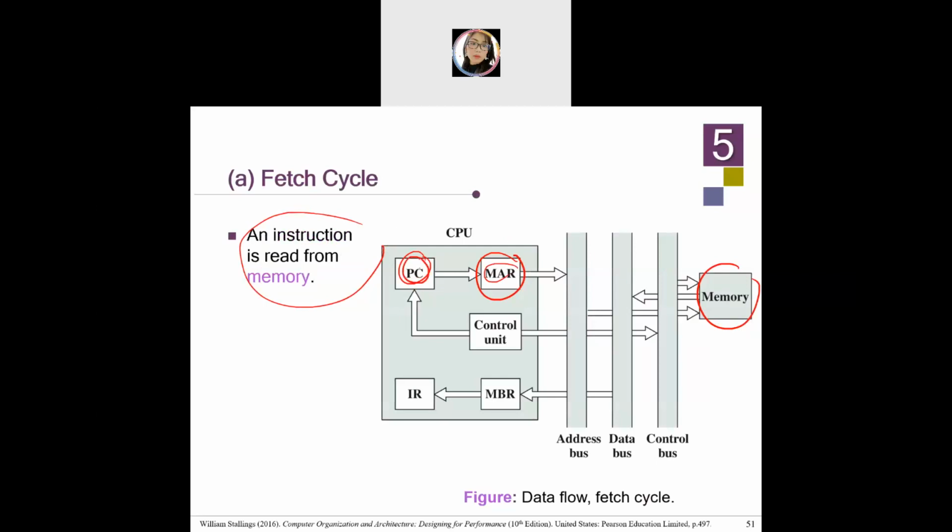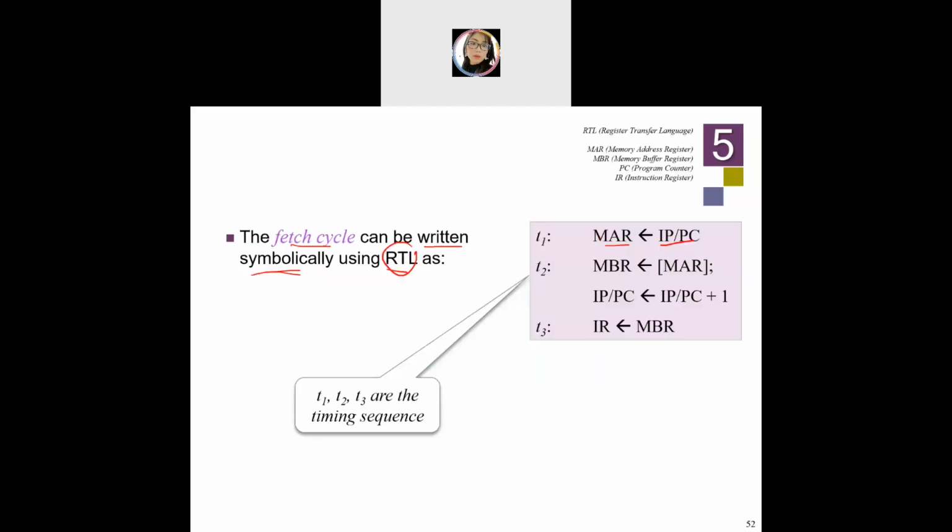What is the pointer? A program counter. When you have a program counter, you're going to check it, and the value is going to be placed in the MAR. MAR will be equivalent to the pointer.